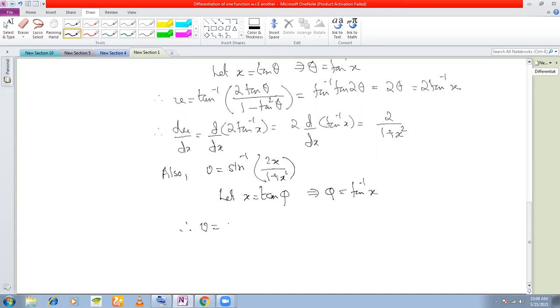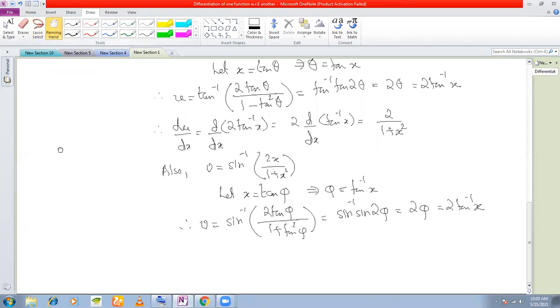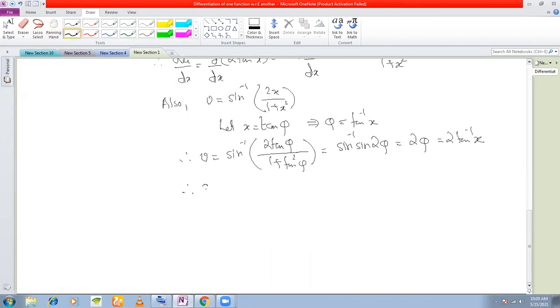Therefore, v is equal to sin inverse of 2 tan phi by 1 plus tan square phi, which is sin 2 phi. So this is simply 2 phi, which is 2 tan inverse x again, isn't it? So therefore, dv/dx is again 2 by 1 plus x square.